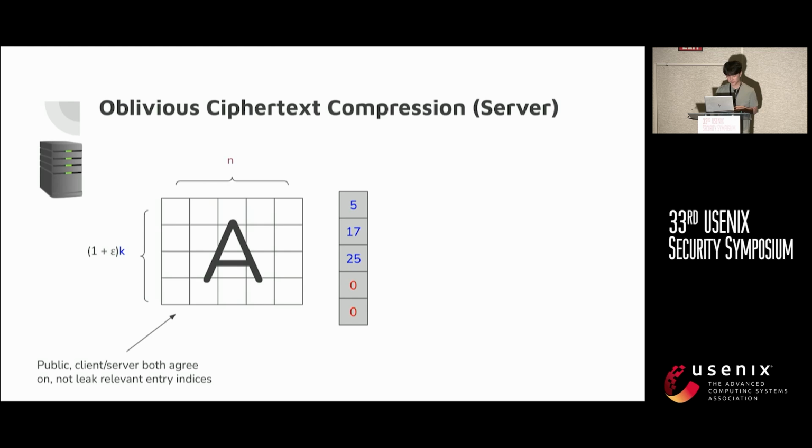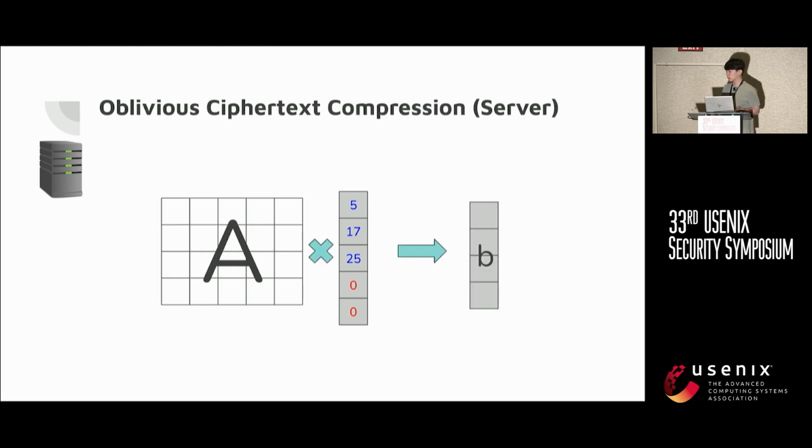The server performs a matrix-vector multiplication of this matrix and the encrypted vector, using homomorphic encryption operations, to produce the encrypted vector B. It's useful to view this matrix A as a block matrix, where A1 corresponds to the relevant entries and A2 corresponds to the irrelevant entries.